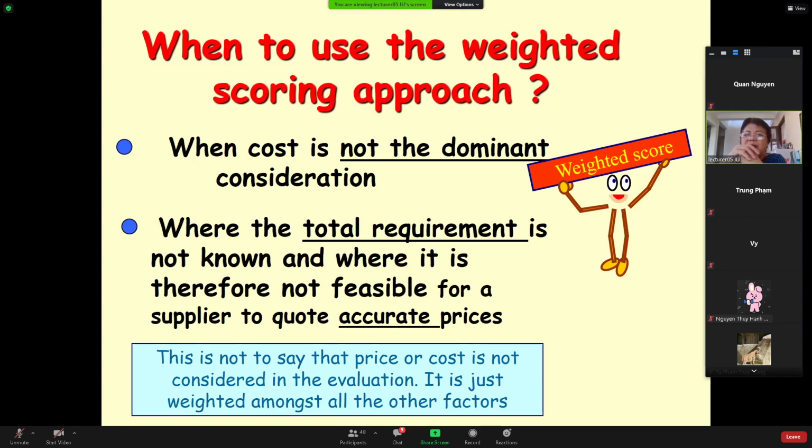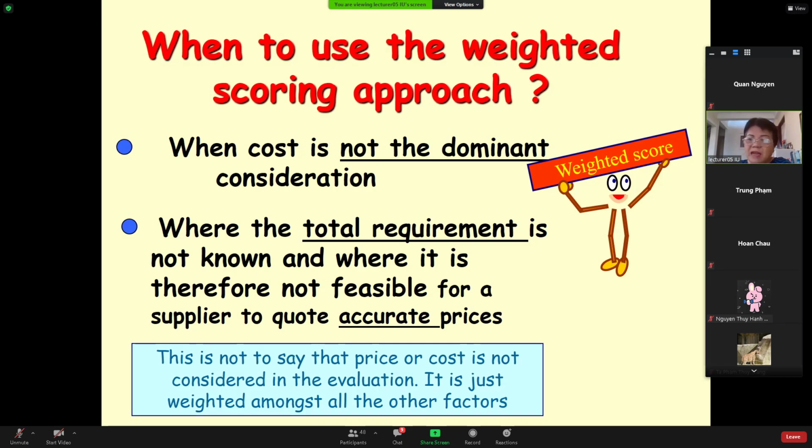When to use the weighted scoring approach? Okay. If you have to buy things and you are very clear about the driving force, whether the cost is dominant or the schedule is dominant or the service is dominant, you define the total scoring.